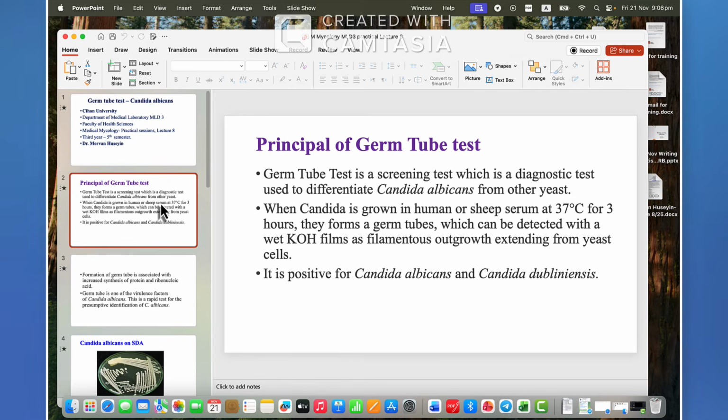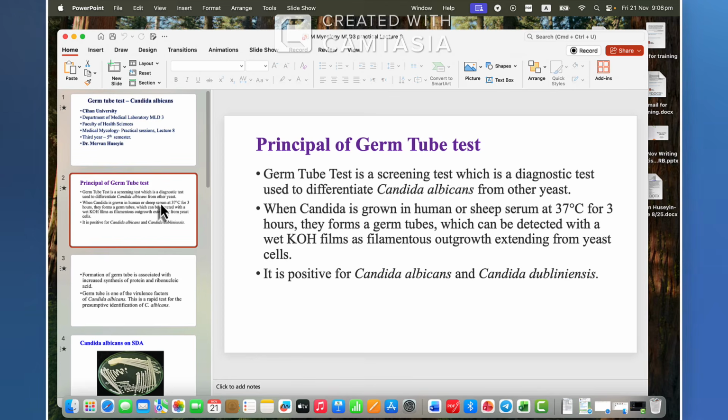So as a principle and definition of germ tube, it is a screening or diagnostic test to differentiate Candida albicans from the other yeasts, I mean the Candida which are positive in germ tube from the Candida which are negative.